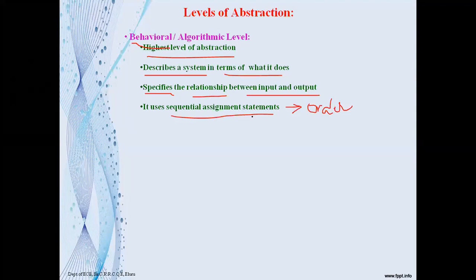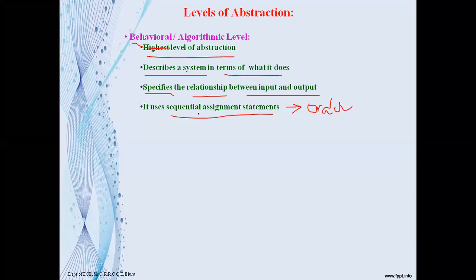But it is a very important point to remember that when you are designing a digital system at the behavioral level, the statements in the architecture body are sequential assignment statements. So they will be executed one by one in an order, right? That is the behavioral level of abstraction.